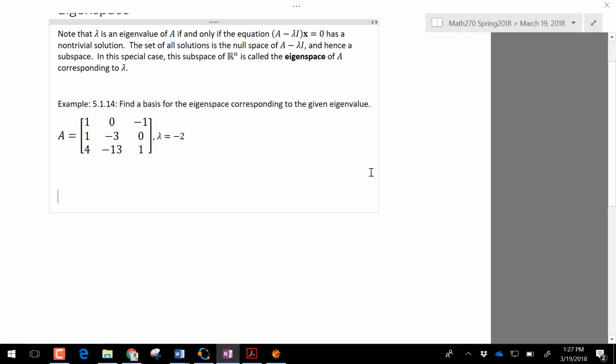So if you want to find the eigenspace, they say that the eigenspace is really the null space of this matrix. So we have the matrix A. We can create a new matrix. Let's call it B equal A minus lambda I. So lambda is equal to -2 in this case, A plus 2I.